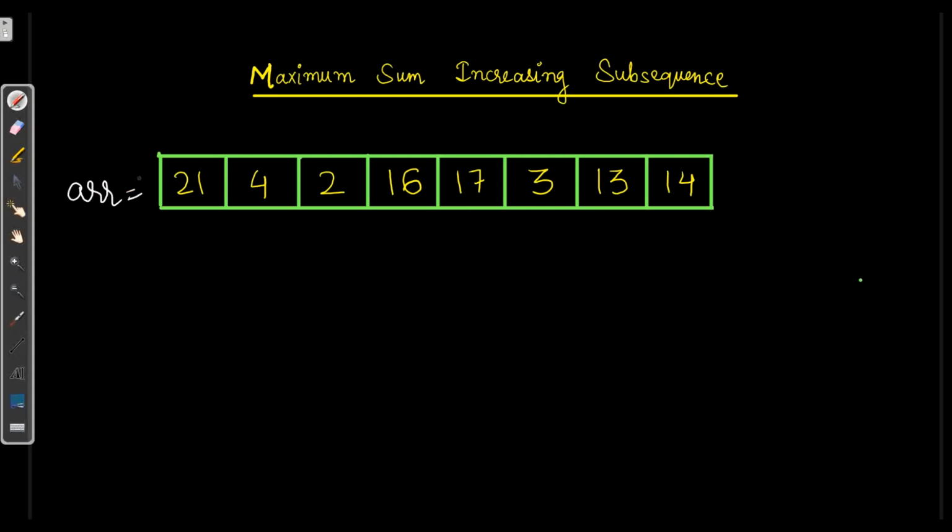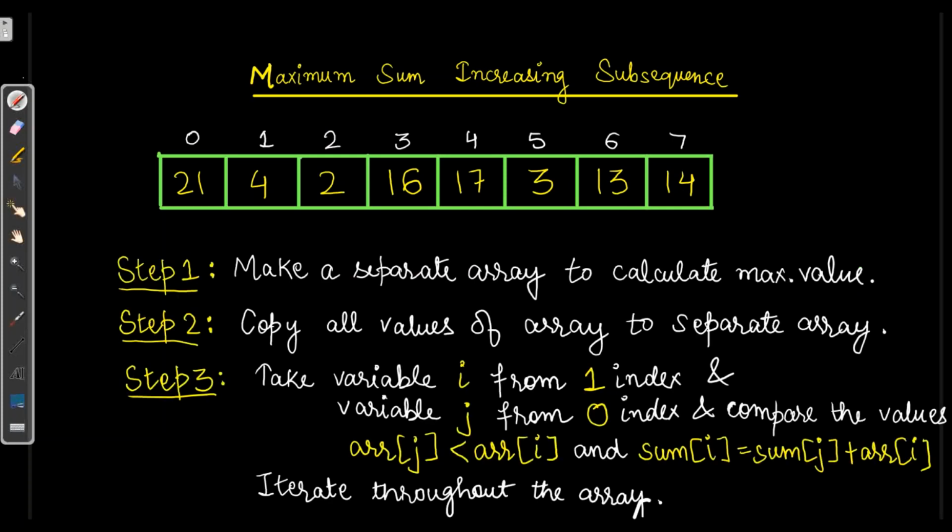We will see how to calculate the maximum sum increasing subsequence with the help of this algorithm. In the first step, make a separate array to calculate the maximum value. I'll make a separate array with the name sum, where I'll be calculating the sum, and after that I'll compare each and every value to calculate the maximum.